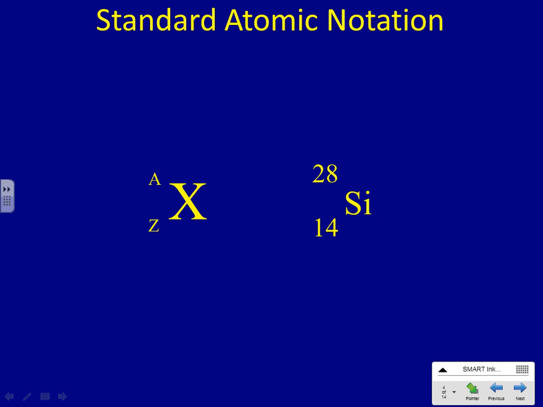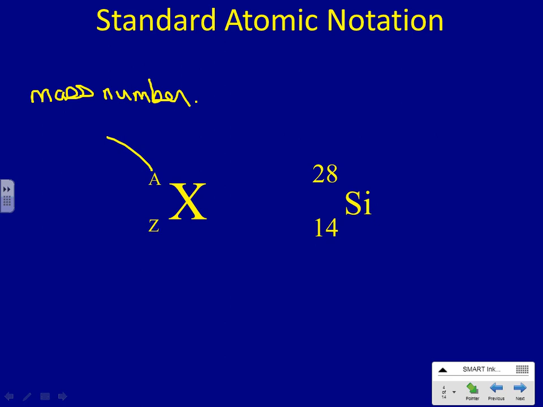The superscript A represents the atomic mass, or sometimes we call it the mass number, okay? So we're just going to call this the mass number. Let me check here, my pen isn't working. This is the mass number, all right? And I am going to write something underneath here in a moment.